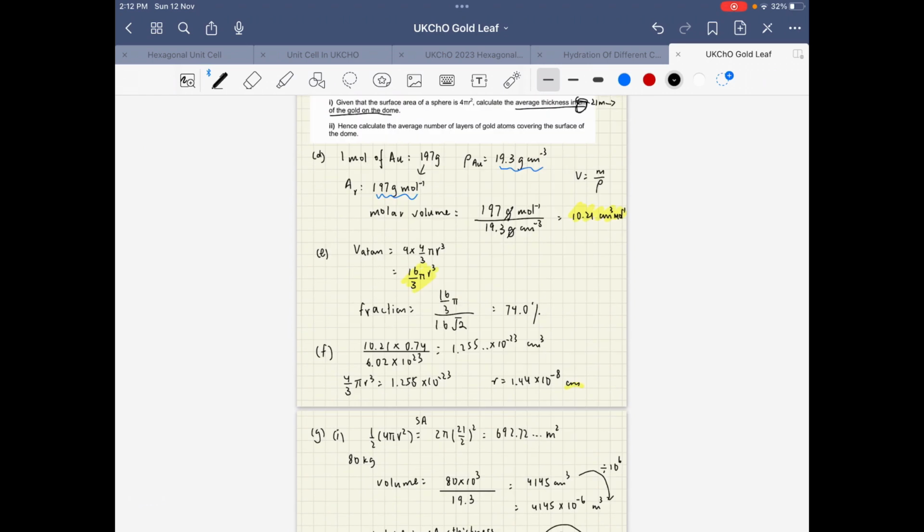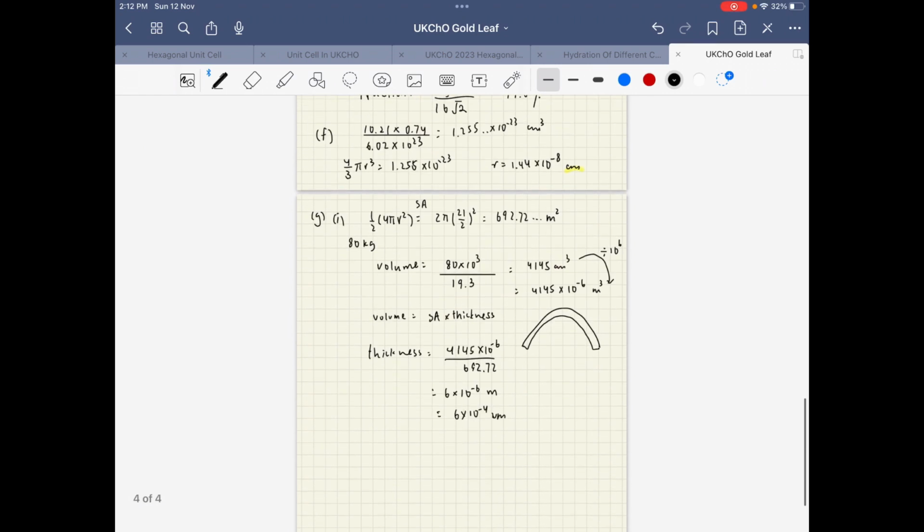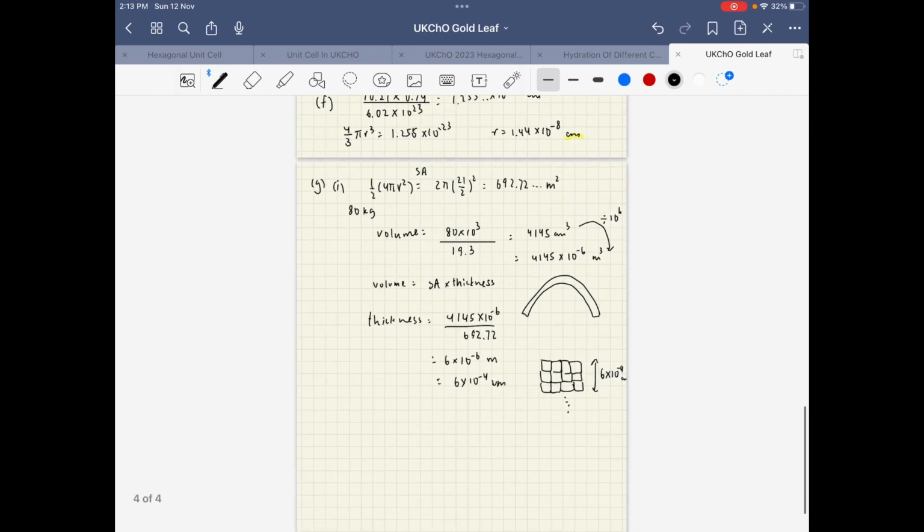So what this means is that let's say we imagine the layers of gold. They are cubes, so I'm not sure how many of these layers are here, but the total thickness would be 6 times 10 to the power of minus 4 centimeter.